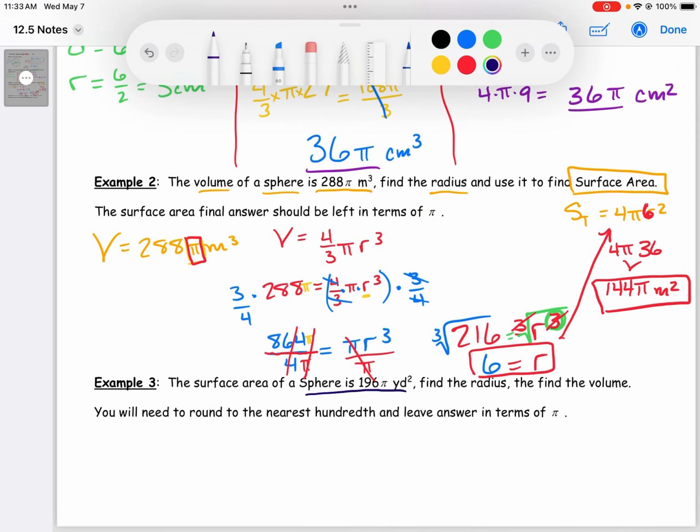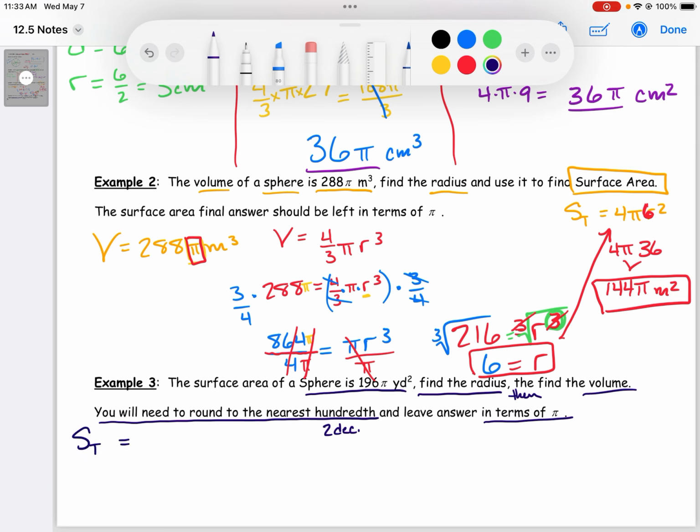Lastly, it says the surface area of a sphere is 196 yards squared. Find the radius, then, a little typo right there, then find the volume. So we're going to do this in a couple of steps. It says you will need to round to the nearest hundredth, that's 2 decimal spots, and leave in terms of pi.